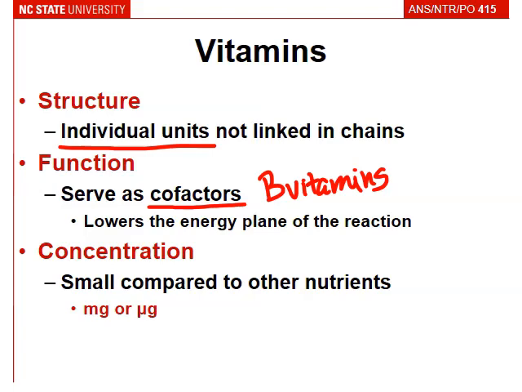That conformational change lowers the energy plane of the reaction, so it requires less energy for that reaction to occur. In addition, our vitamins need a lower concentration. Where we need to eat so many grams of carbohydrates, amino acids, and lipids to meet our daily requirement, the concentration of our vitamins is small. We only need, depending on the vitamin, milligrams or micrograms per day.